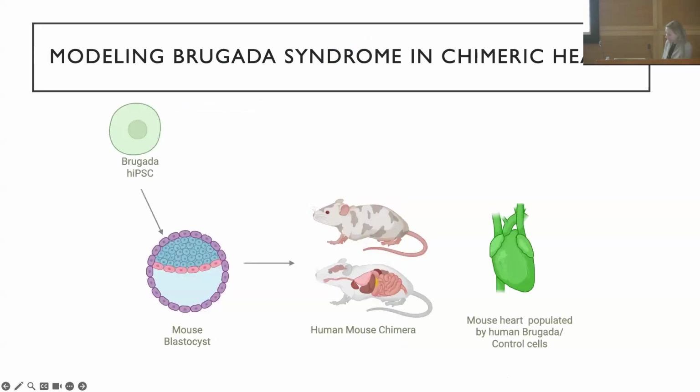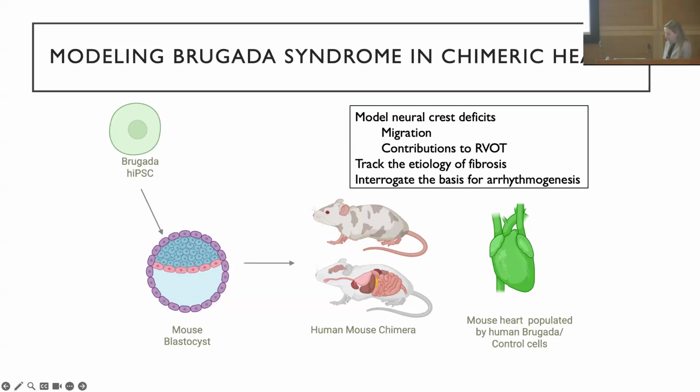And so the idea here in terms of what I had in mind, and I've shown it here for Brugada syndrome, is that you would have a Brugada iPSC, which you would then inject into a mouse blastocyst, generating a human mouse chimera that has essentially a heart that is structurally mouse, and so has all the anatomic substrate required, but has the polygenic basis of the human Brugada patient.